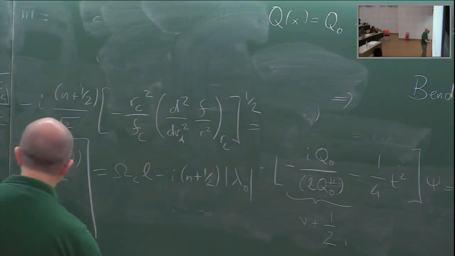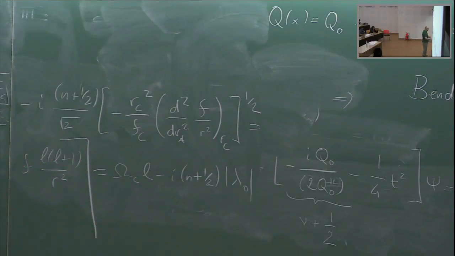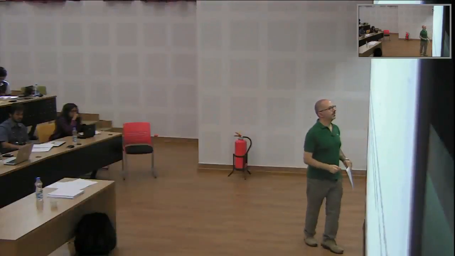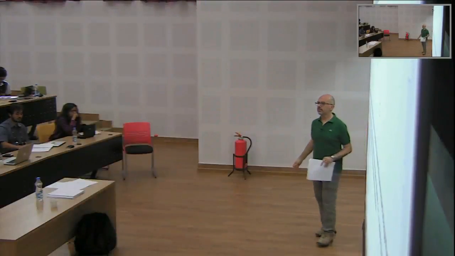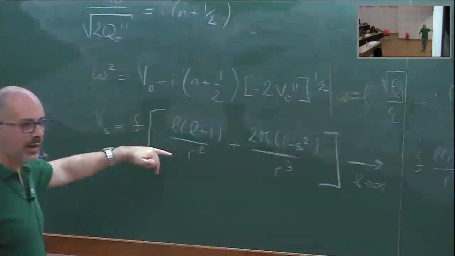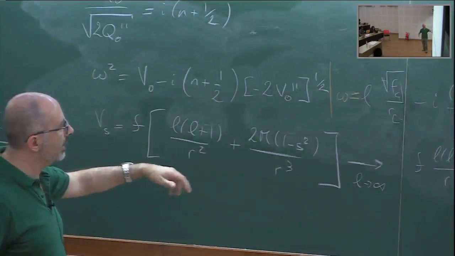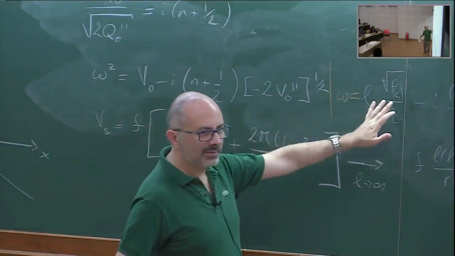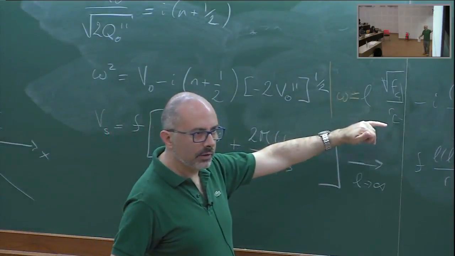Sorry, this should not have been an equal. This should have been omega equals, because I've taken a square root. So in the large L limit, this goes like L squared over R squared. So you get this for the real part.